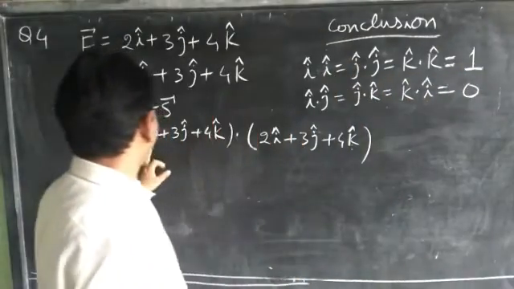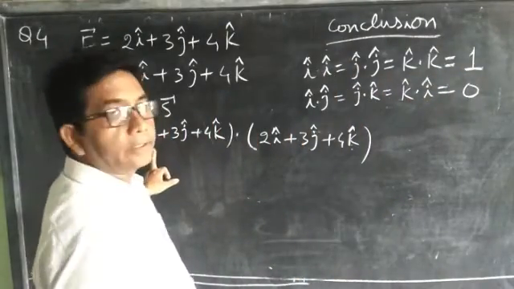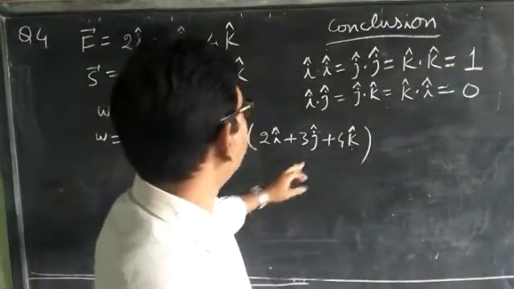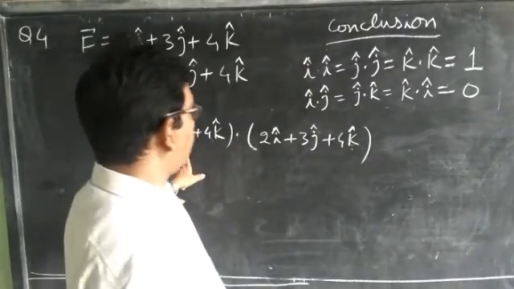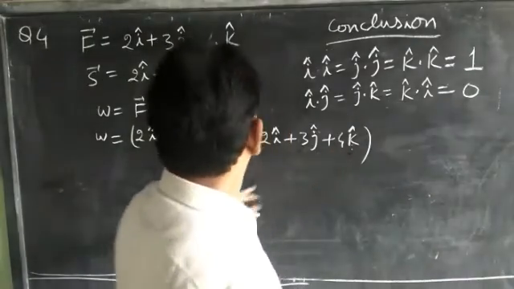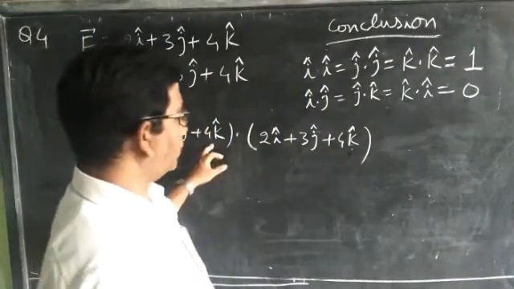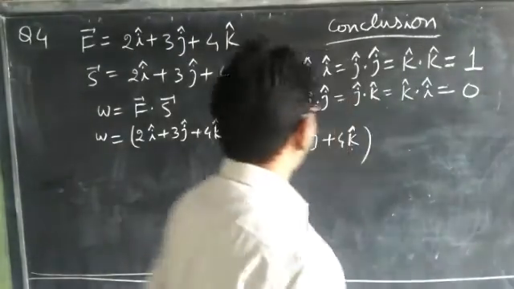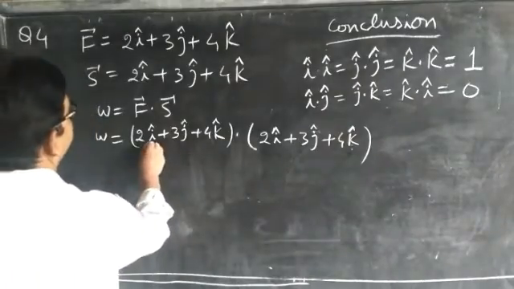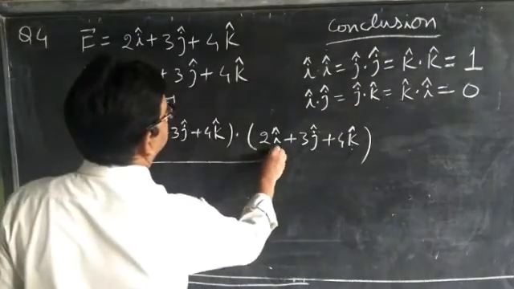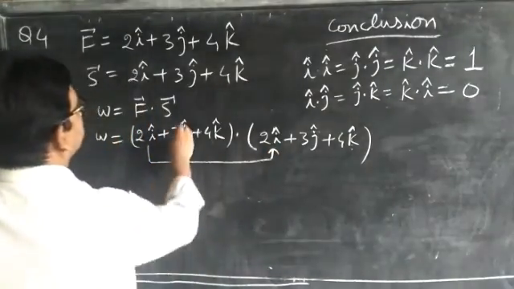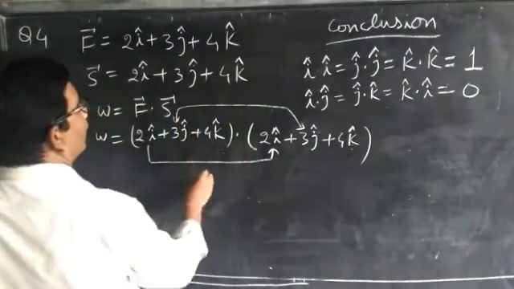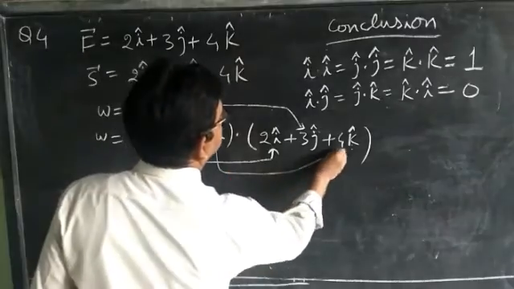But when unit vector I is multiplied by unit vector J, or J by K, or K by I, then its value is 0.